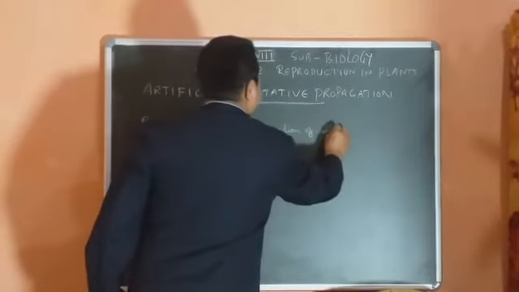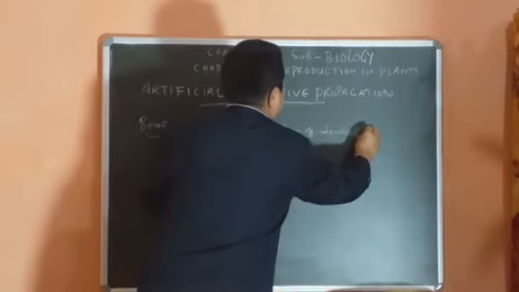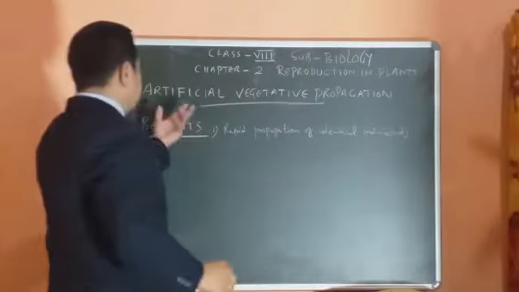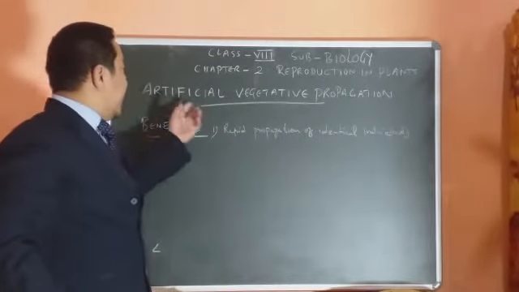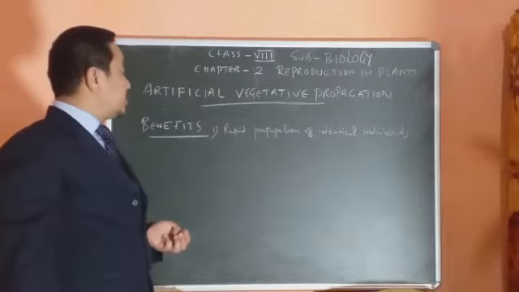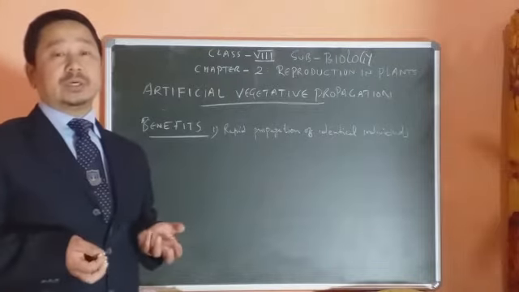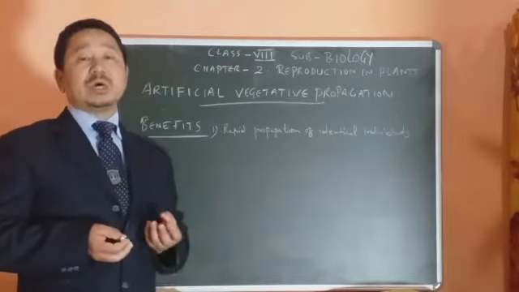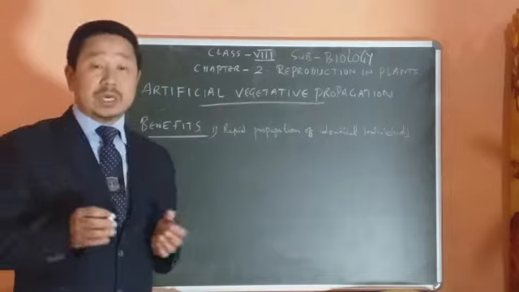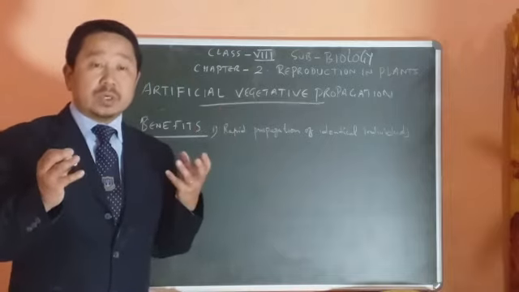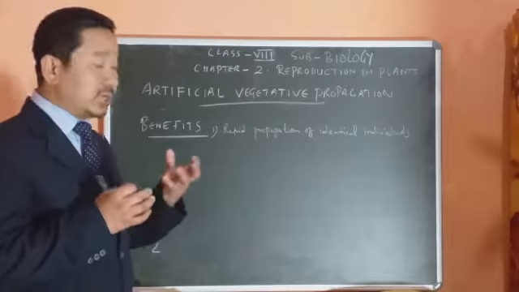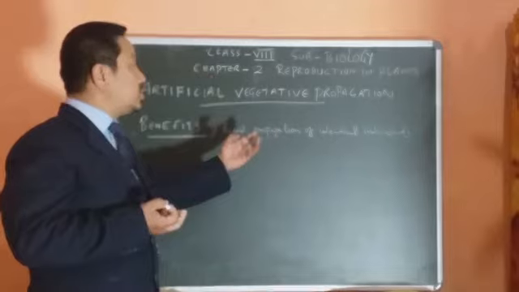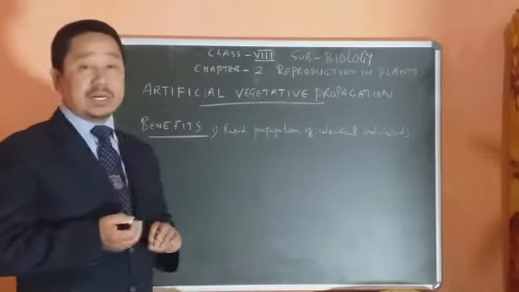By this method, we can rapidly produce similar kinds of new plants. As I've already told you, whatever kind of plants we want to propagate, all those good identical plants can be rapidly produced.